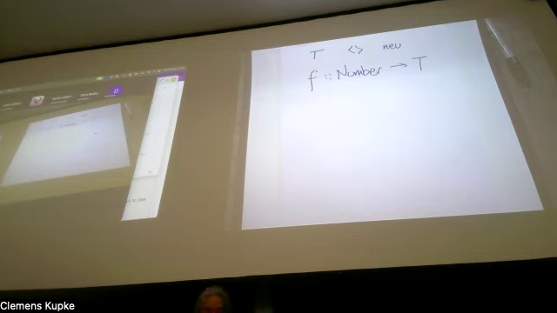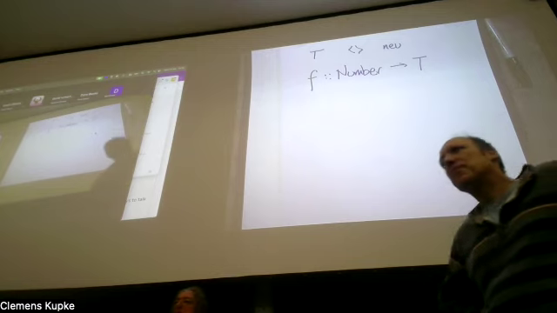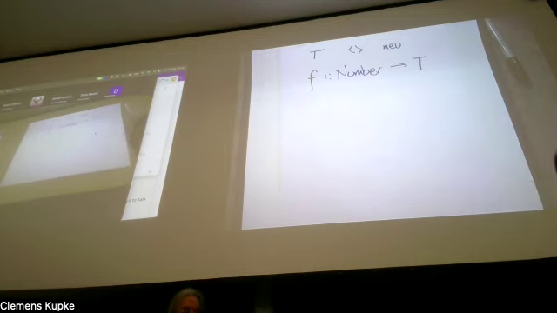Now, if somebody just tells you that you've got a function from number to T, just a function, could do anything, then you get to choose freely an element of T as the output for any given input number.